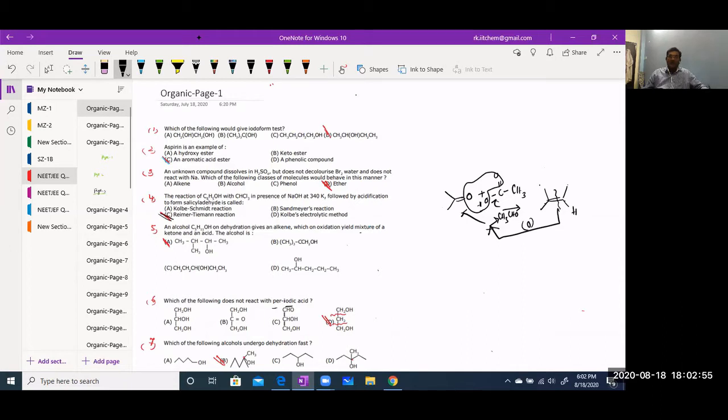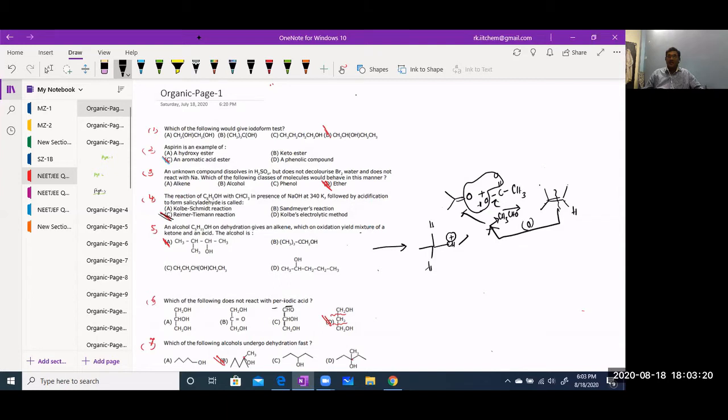This upon dehydration loses a water molecule. This first compound loses a water molecule, and that's going to give us this H, and this is CH plus, and a methyl group.